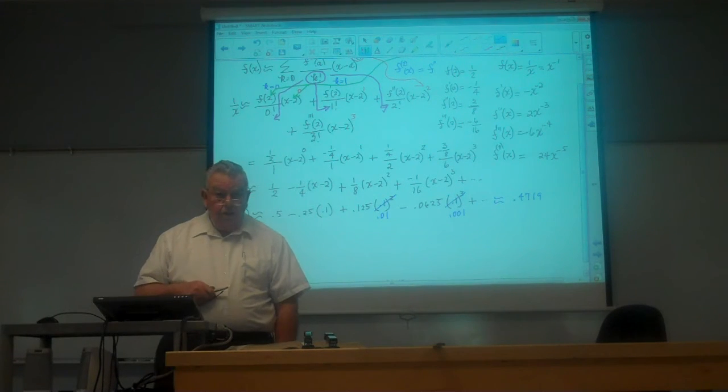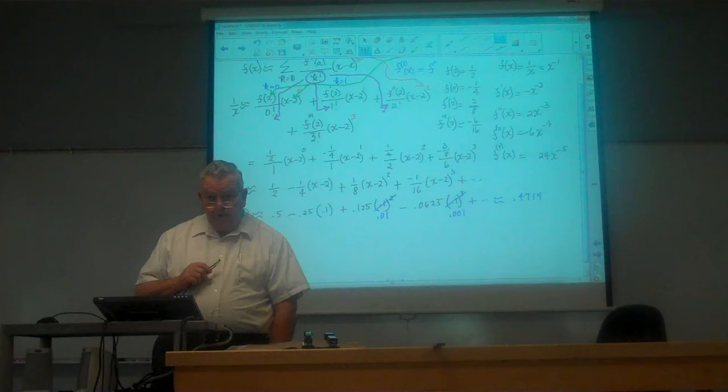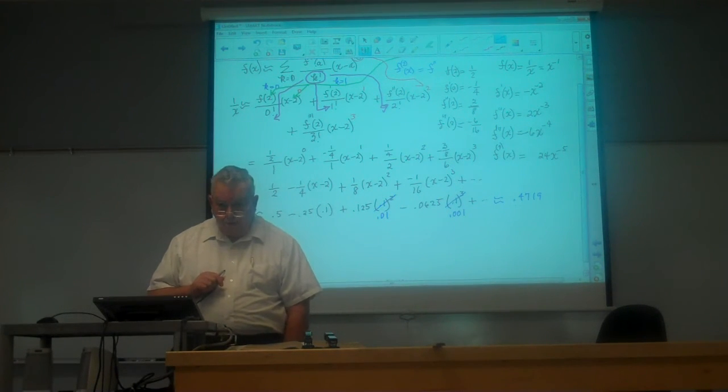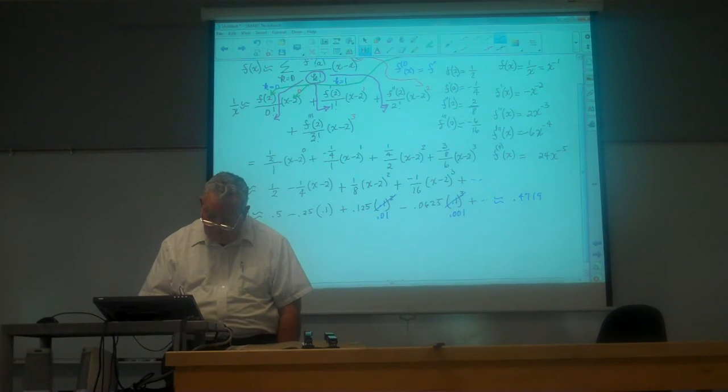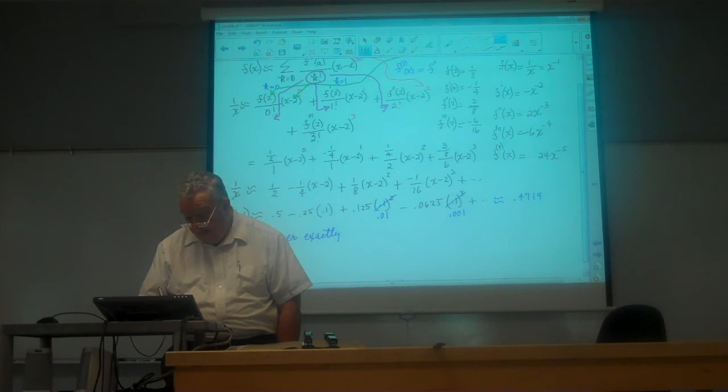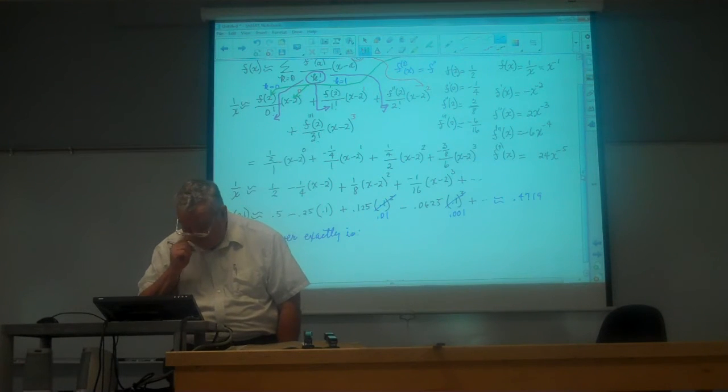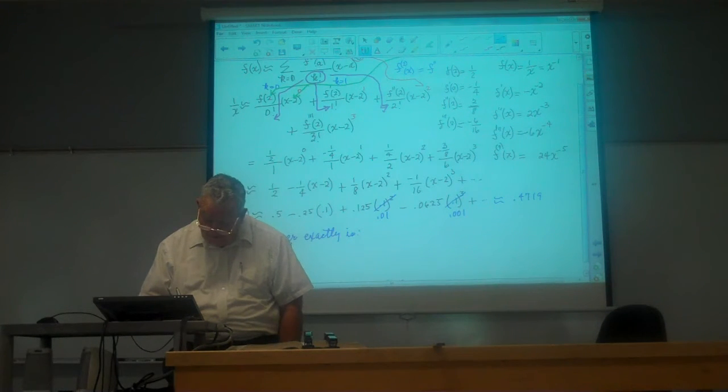Okay. Now, that is our approximation, right? But in this case, we know the real answer, don't we? The real answer, exactly, is f of 2.1 is equal to 1 over 2.1.